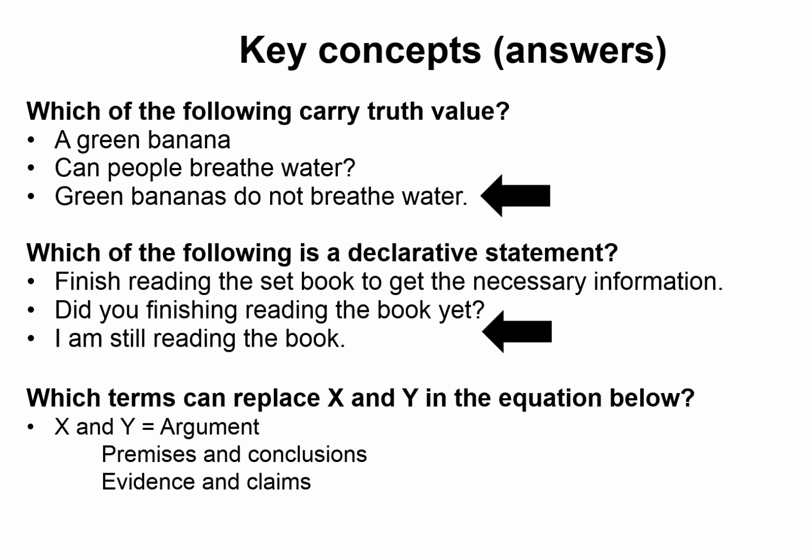Premises and conclusions, evidence and claims. If we're talking about formal logic, we tend to use the word premises and conclusions. When we're just talking generally, we tend to use words like evidence and claims.